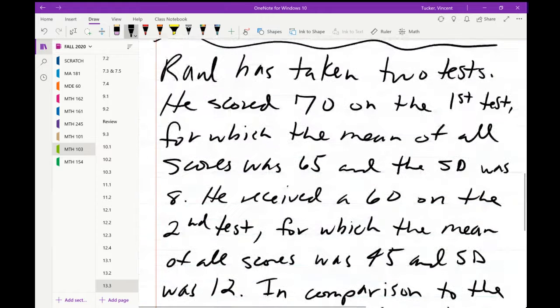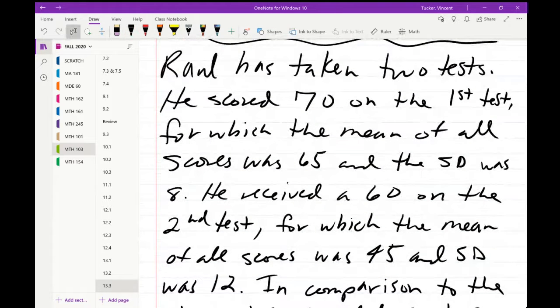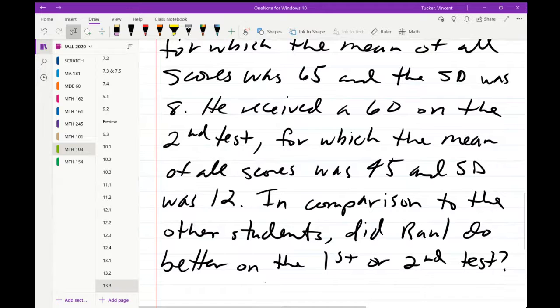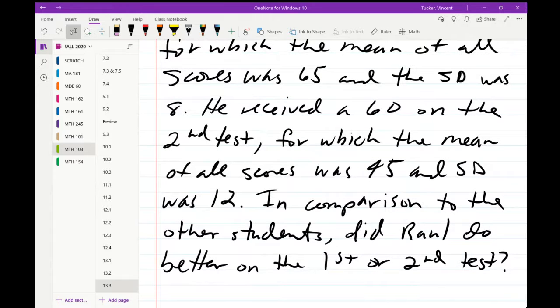All right, so Raul has taken two tests. He scored 70 on the first test, for which the mean of all scores was 65, and the standard deviation, I just wrote SD for standard deviation, was 8. He received a 60 on the second test, for which the mean of all scores was 45, and the standard deviation was 12. In comparison to the other students, did Raul do better on the first test or the second test?